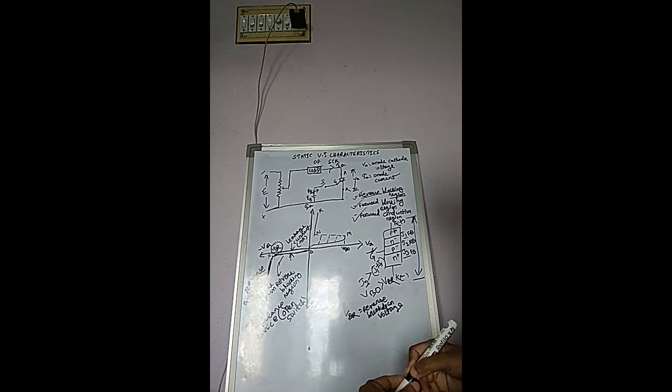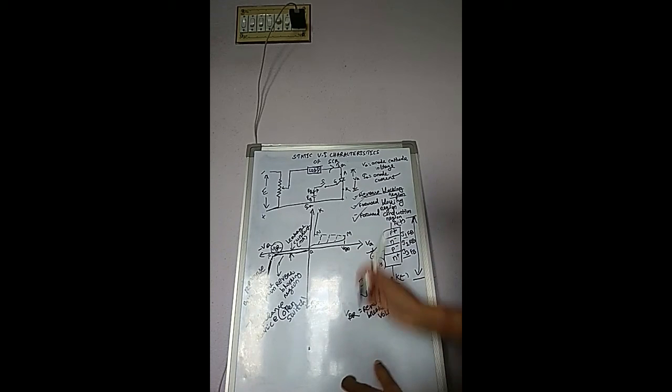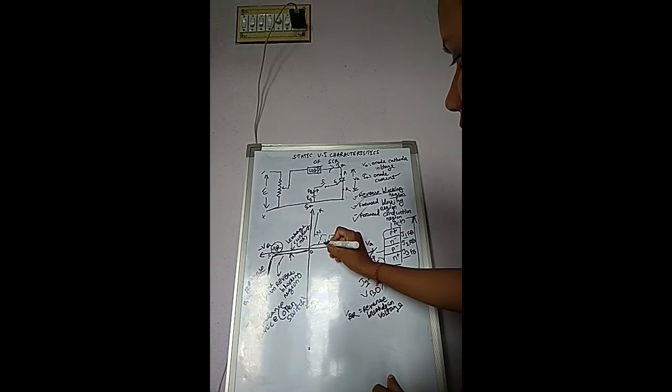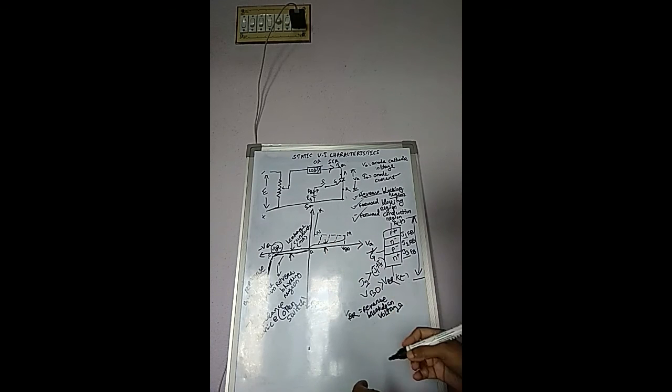After this condition, only a very small amount of forward leakage current will flow through the device. So this part is the forward leakage current.